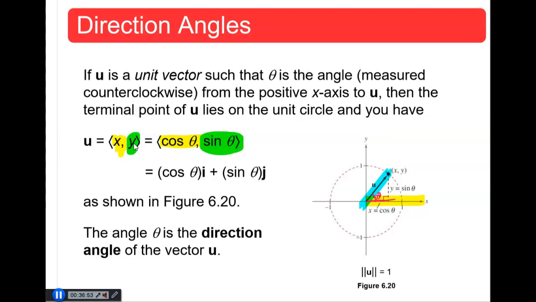So we could also include the unit vectors i and j that we were discussing before. And so based on that, we will be able to find the angle theta, which we're going to call the direction angle of the vector. In this case, the name is vector u.